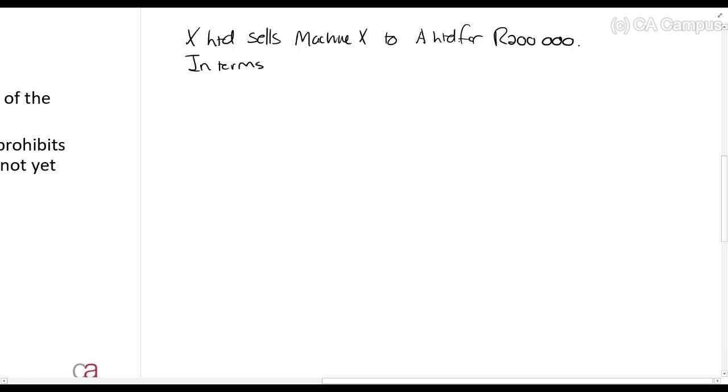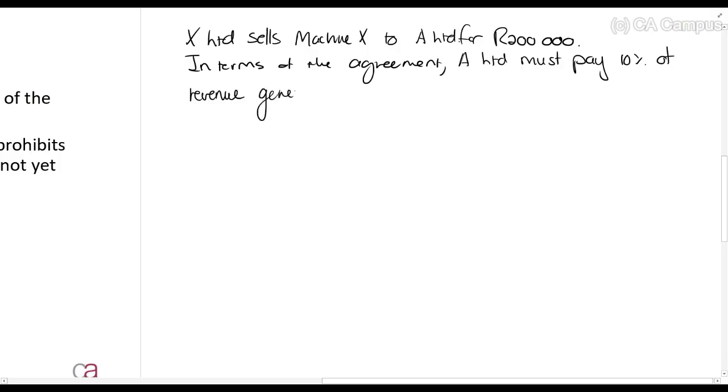In terms of the agreement, A Limited must pay 10% of the revenue generated each year by machine X for the next 3 years.